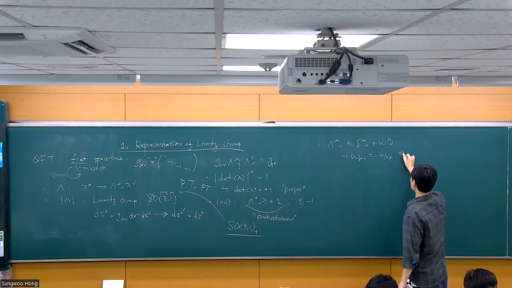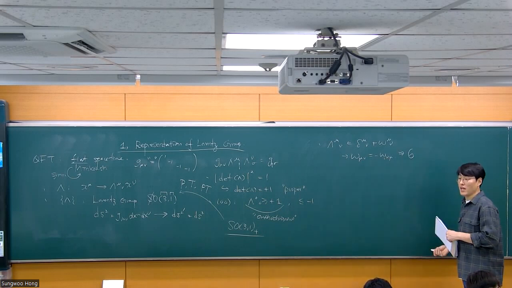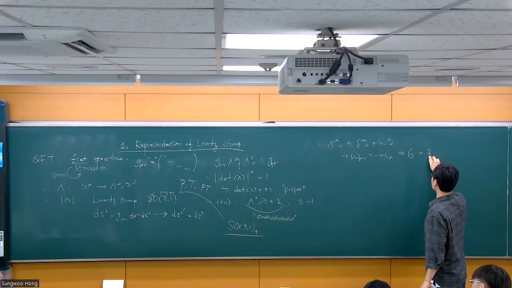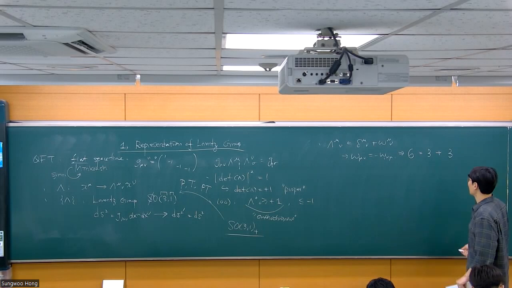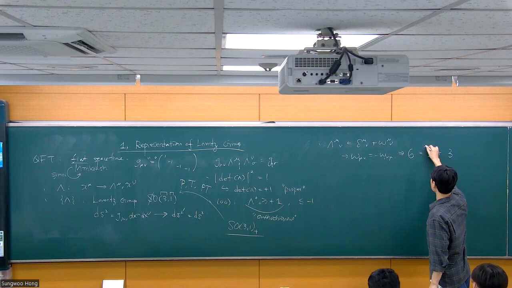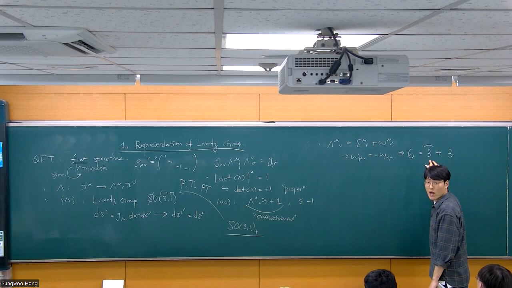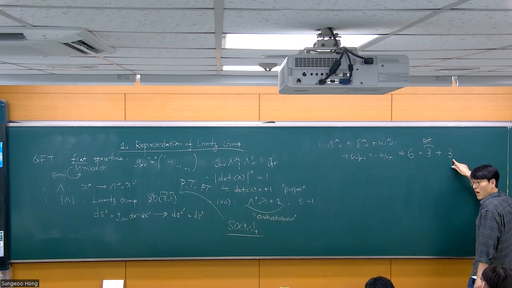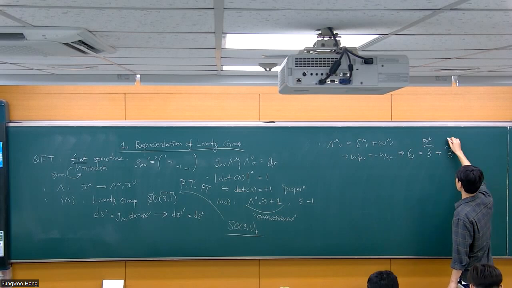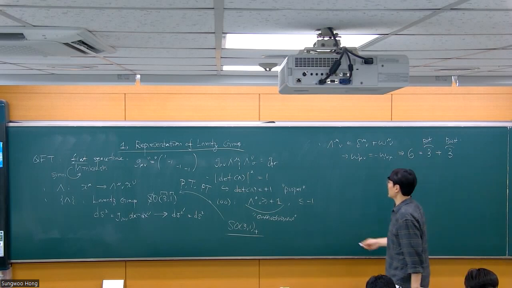What it means is that there are 6 independent parameters, which is equal to 3 plus 3. Good. This is a correct equation. And as you will see, these 3 represent parameters associated with the rotations. And the other, separate 3 are associated with the boosts, which will be the main object.